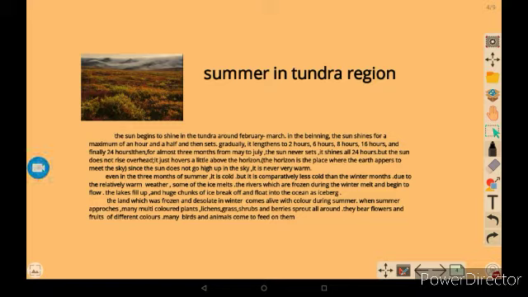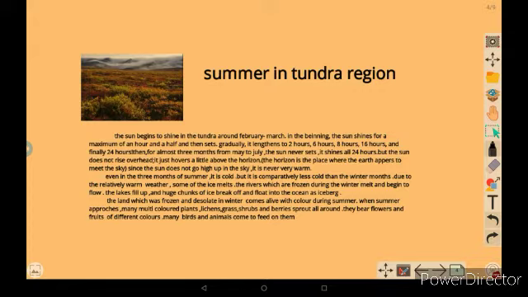So even in the 3 months of summer, here it is cold, but it is comparatively less cold than the winter months. As the shining is not very warm and not very cool, it gets a little bit of warmness there.